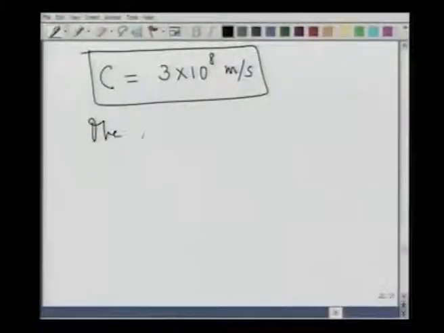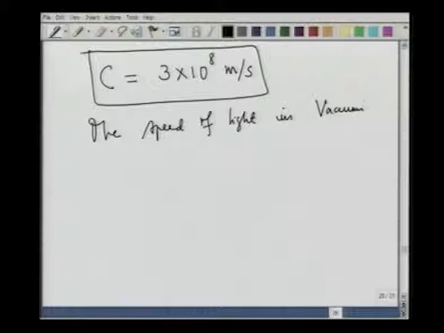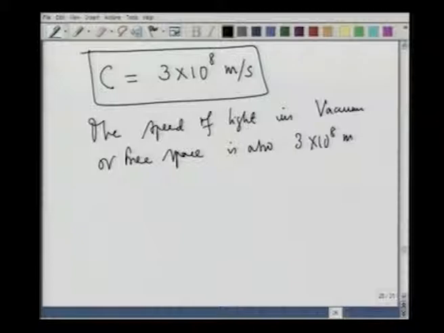Then there were terrestrial experiments performed by people like Fizeau, and it turns out that the speed of light in vacuum, or free space, as those people used to call it, is also 3 into 10 to the power of 8 meters per second.